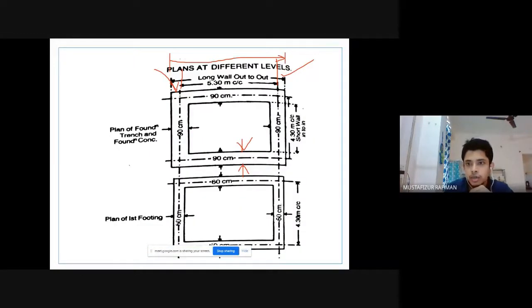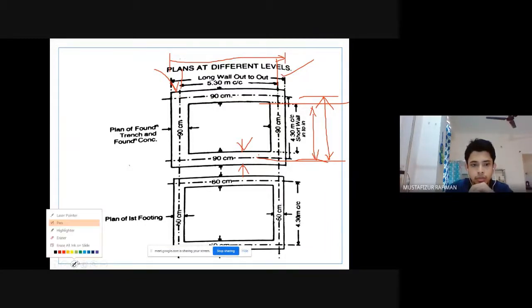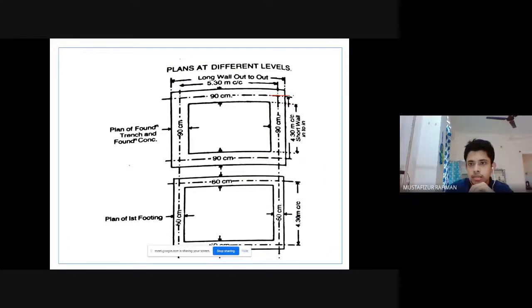Okay, in the shorter direction, what happens? Same thing. Center to center dimension, we know. We want to find out the inside dimension now, because we are following the long wall, short wall method. We need this inside dimension. Center to center we know, and we want to find out the inside dimension, this much.